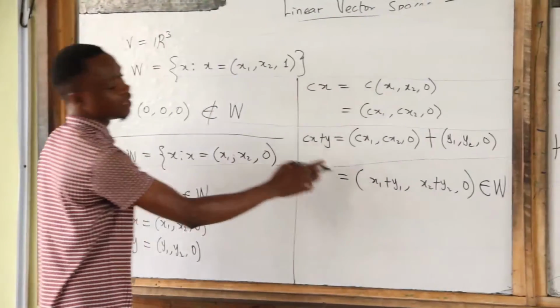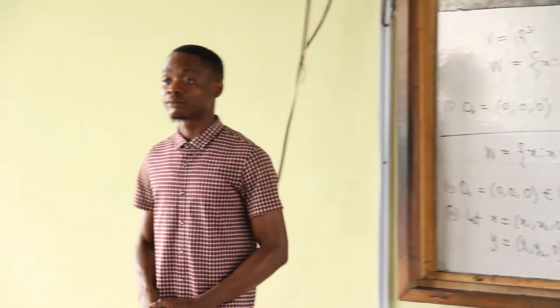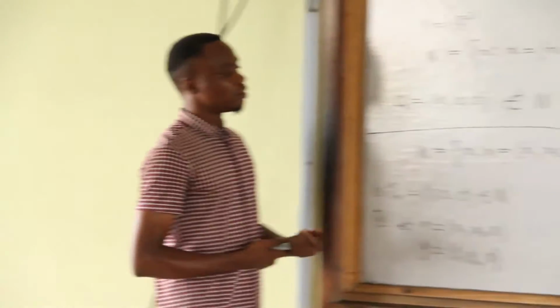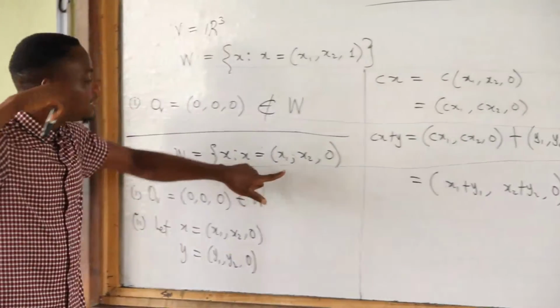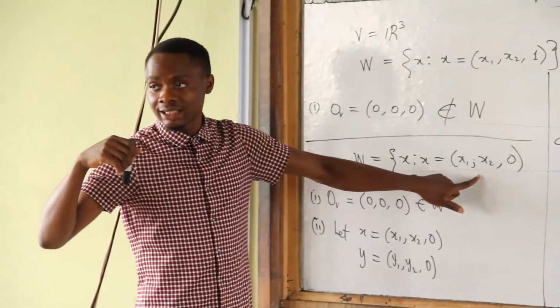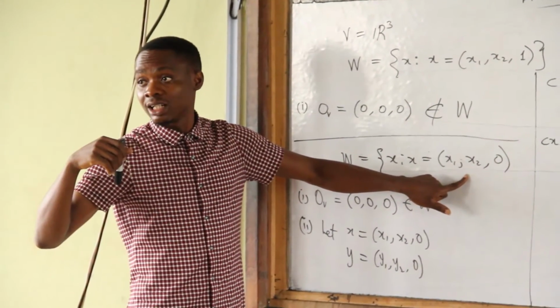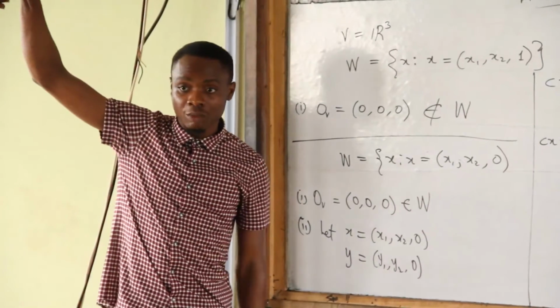And we put the C outside the bracket. No, you don't need to put it outside the bracket. What you want to show is that this thing, at the end of the day, should look like the definition, how the set has been defined. That was why we wrote that other one.